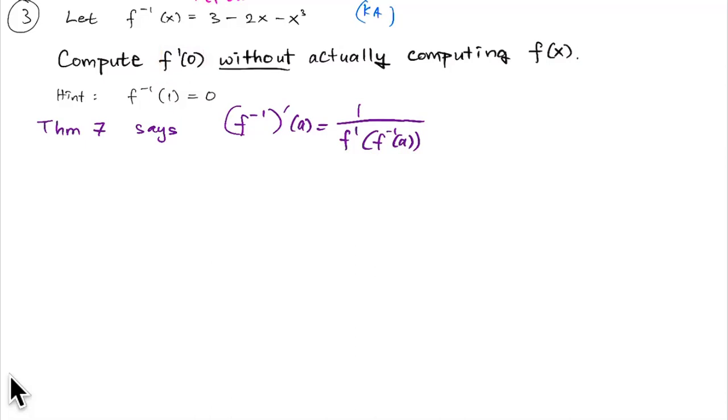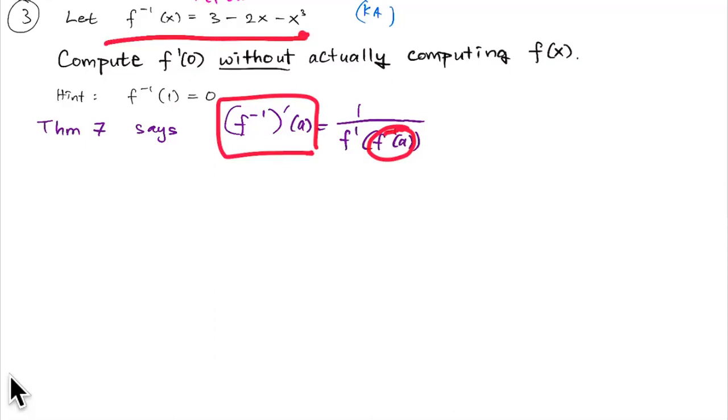Now, where do you see f prime in the formula? I see that there is this f prime. And if I know how to find a so that this value becomes 0, then all I have to do is compute this value. Since I know what f inverse is, I can compute the derivative of f inverse.